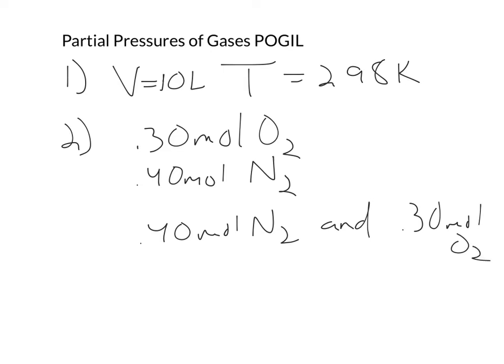3, use the ideal gas law to calculate the pressure of oxygen in tank A and enter that into the table. Okay, let's do some math here. Get my calculator ready. We're solving the equation PV equals nRT for pressure.